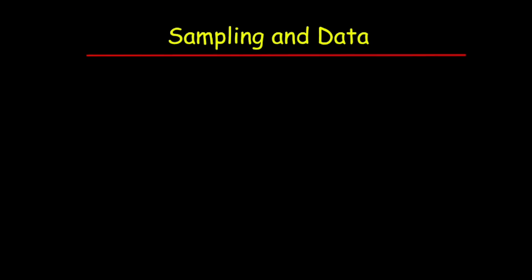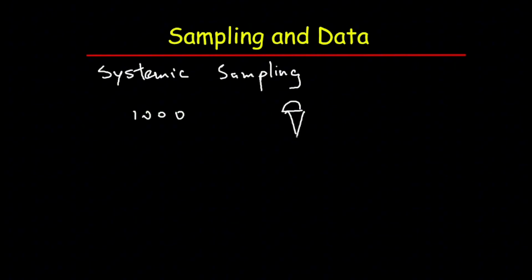The next type of sampling is called systematic sampling. So in this type of sampling, we're going to pick a random starting point. So let's still say we have 1,000 people, and you want to know what their favorite ice cream flavor is.